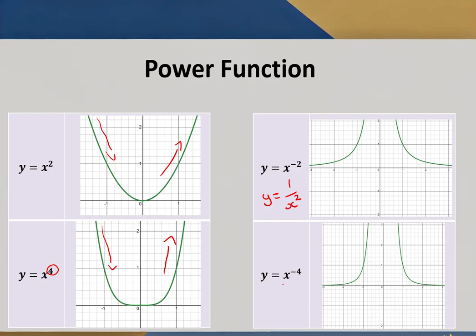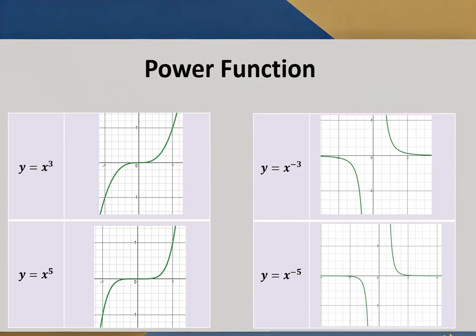The same thing applies when we've got x to the power of negative 4. It's really y equals 1 over x to the power of 4, and it's the same shape. So we know it's always going to be in the positive area unless we've got a negative next to the 1 or next to the x squared.